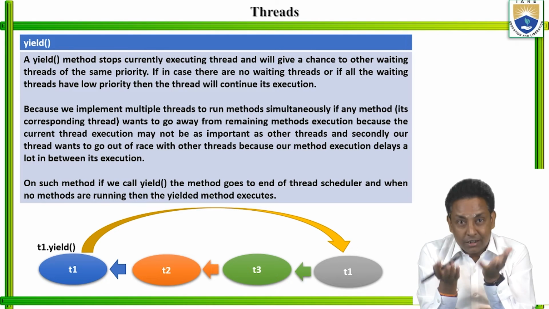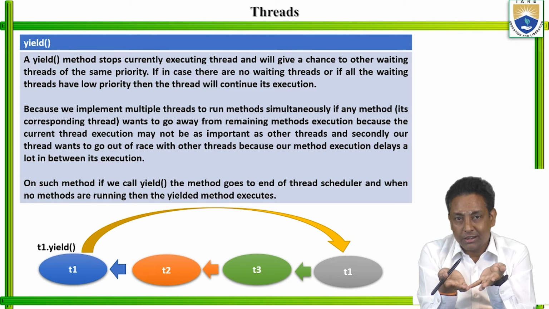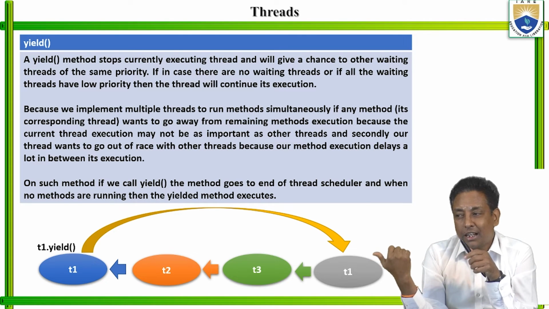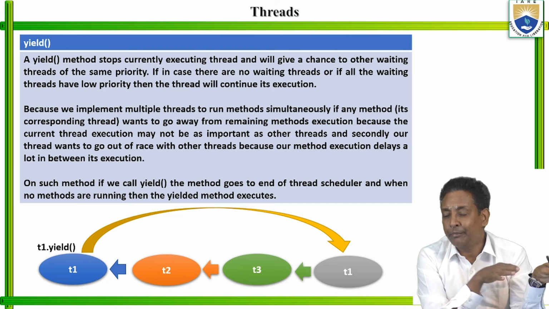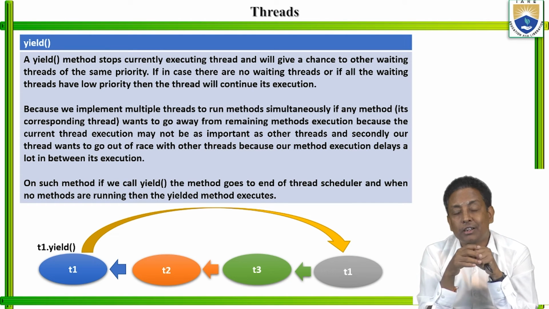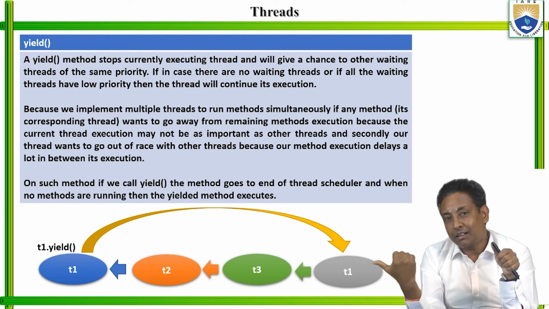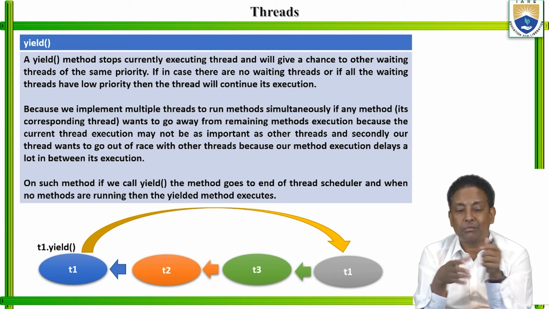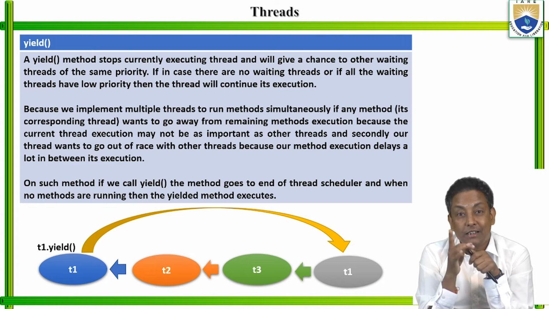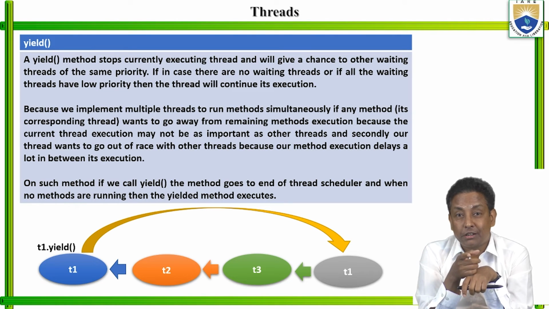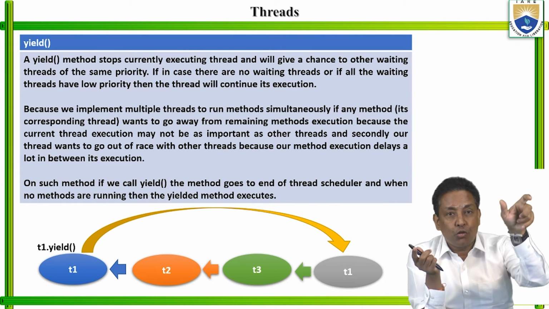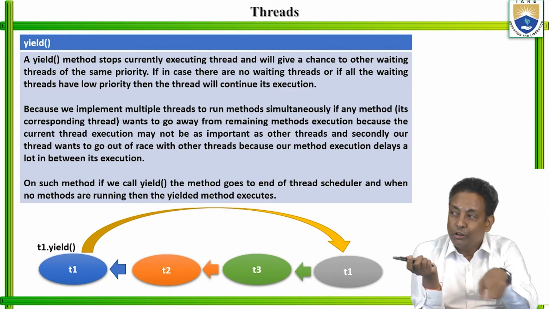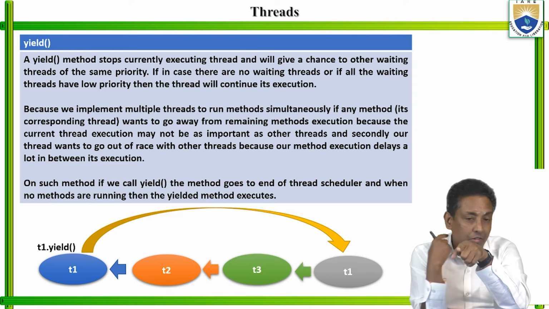Similarly with sleep, as we discussed, we requested the thread scheduler saying that my thread wants to wait for some time, so please continue with the remaining threads' execution. How do you request that? Thread.sleep. Similarly, wait and notify methods. Whenever your method has already executed once, you notify other threads to execute in synchronization.